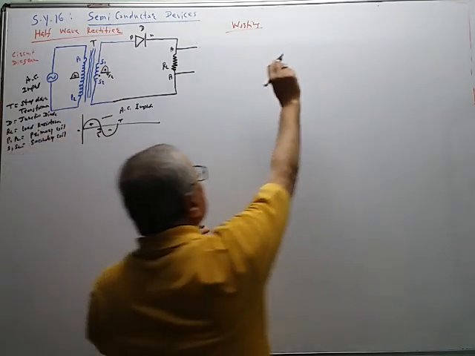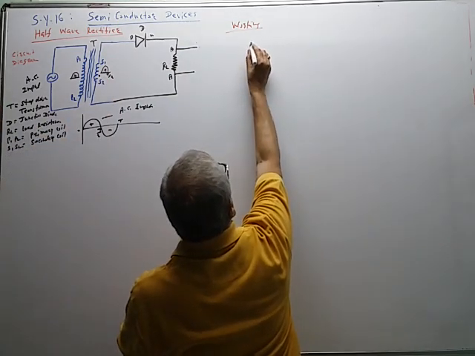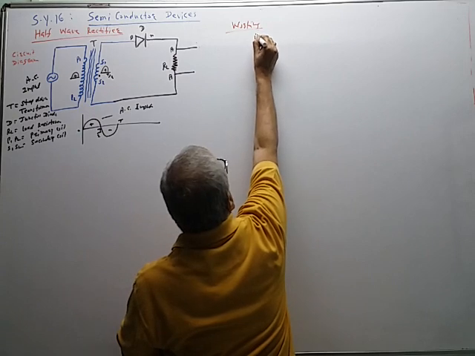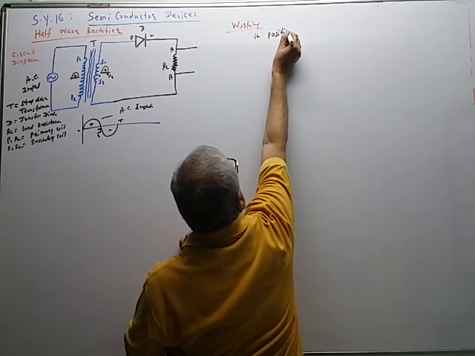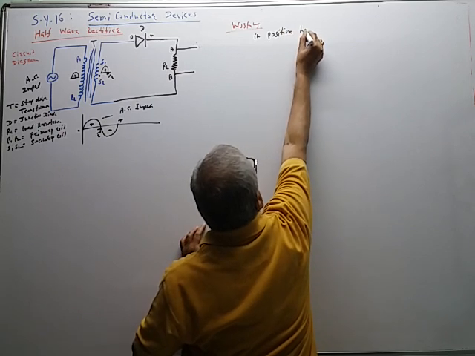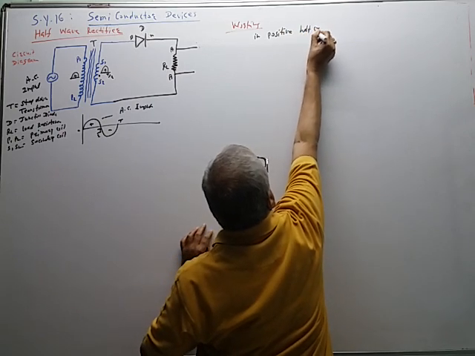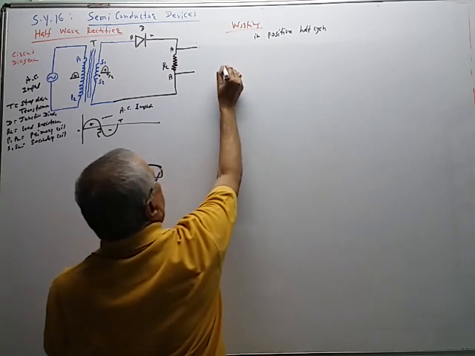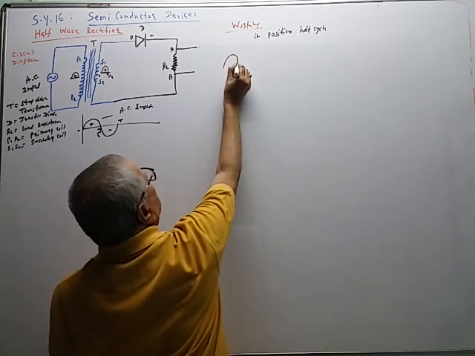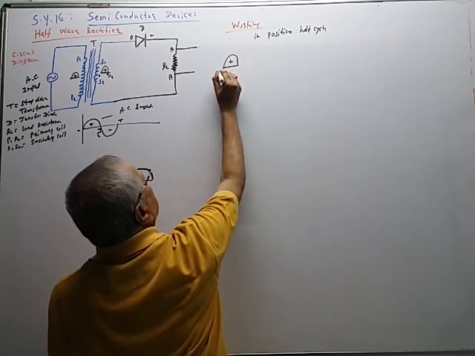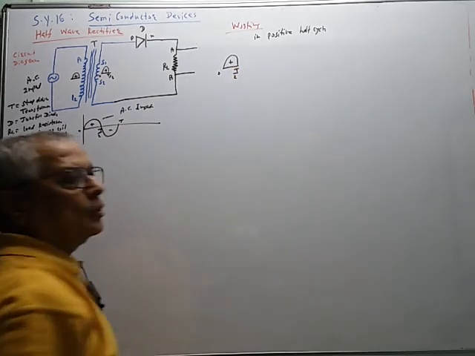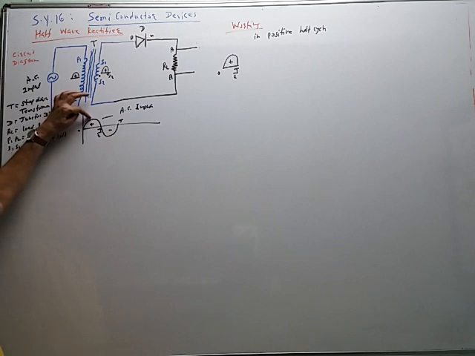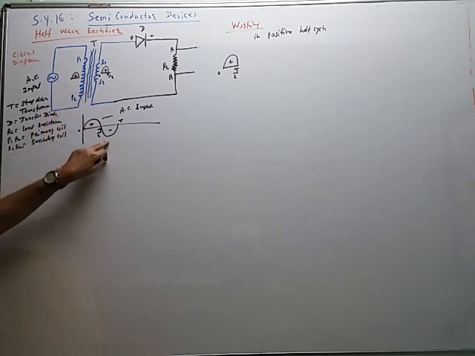So we will consider the working in positive half cycle. So this positive half cycle is shown like this. Time is from 0 to T by 2. So now see this value. This is called a peak point. This is the positive peak point. This is the negative peak point.